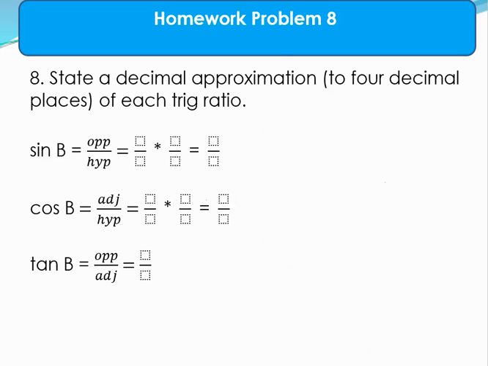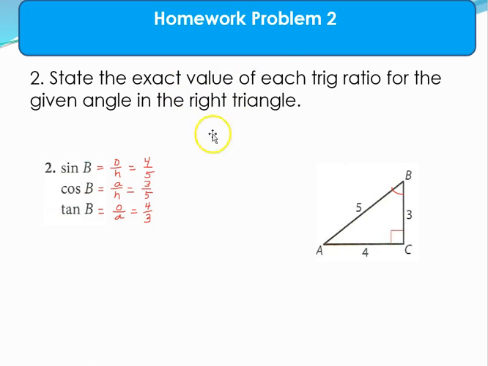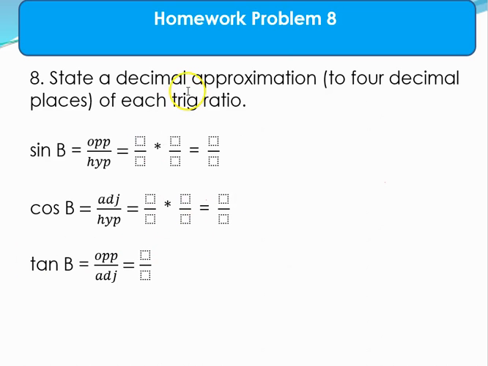Homework problem number 8 asks us to state a decimal approximation to 4 decimal places of each trig ratio. Now the last two problems said to state exact values. So we're using fractions in our answers, but this asks for decimal approximation. So we'll be doing decimals. And sorry, I needed to add our triangle.